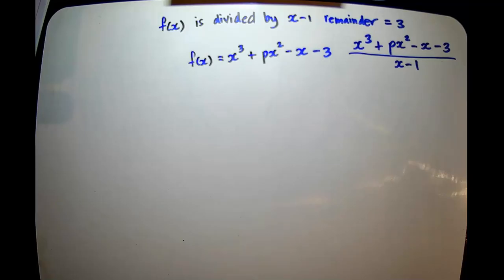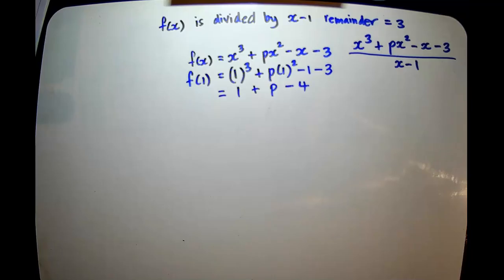So we are going to substitute f of 1. x minus 1 is equal to 0. This means f of 1. Wherever you see x, you are going to substitute the 1. Simplify that. You can use a calculator to help you. So 1 to the power 3 is still 1, and 1 squared is still 1. So you'll have 1 plus p minus 1 minus 3 equals minus 4.